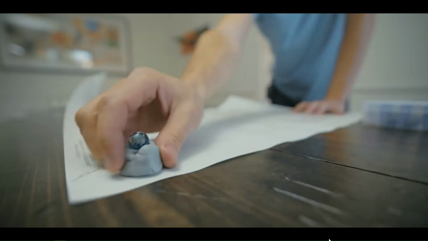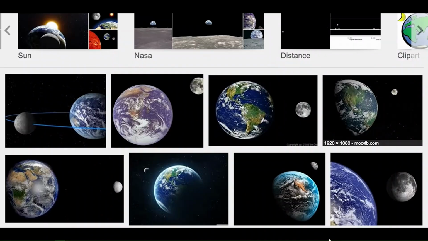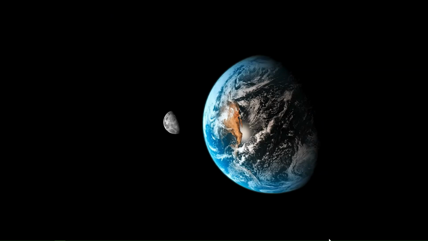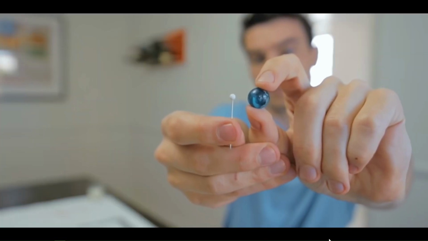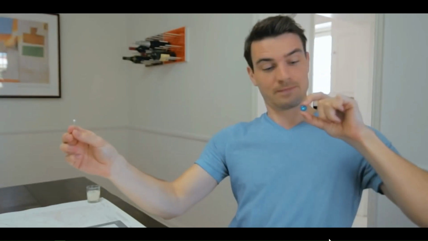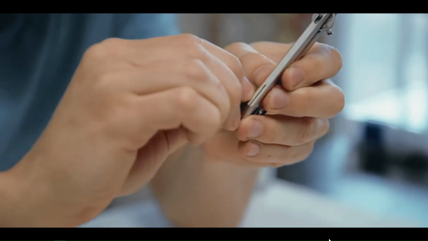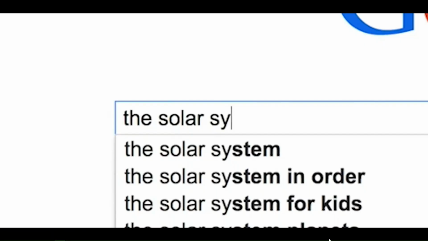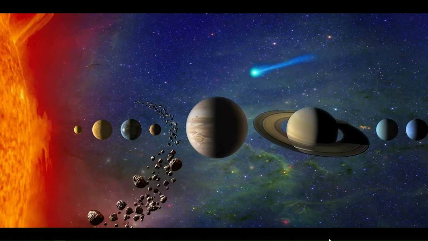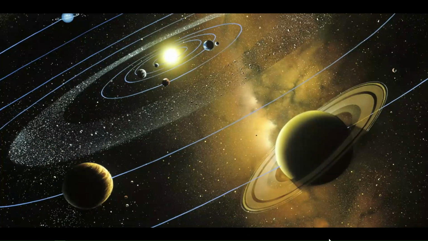If you look up an image of the Earth and Moon, you're going to get a picture where they're quite close together. Something like that. But in reality, the Earth and Moon are about that far apart. That is the Earth and the Moon to scale. Taking the same concept, but for the solar system, every single picture of the solar system that we ever encounter is not to scale.